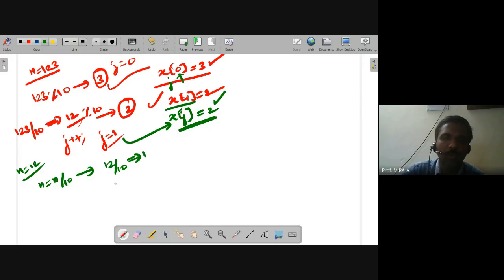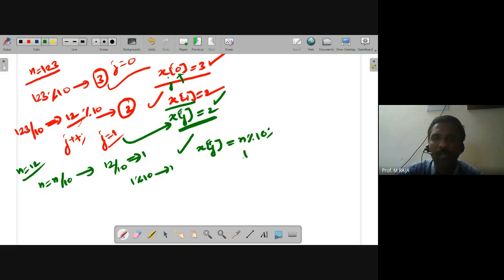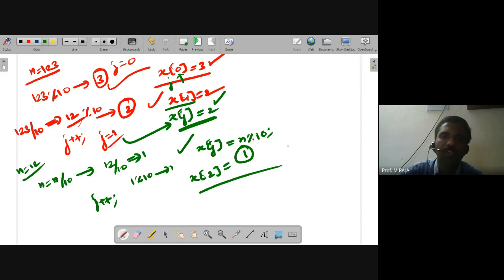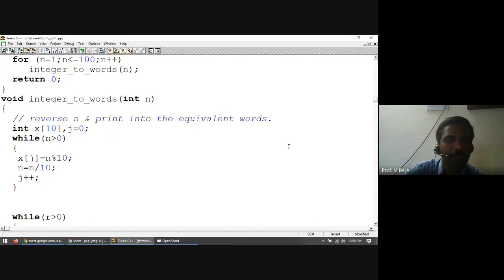Next, j plus plus, after j plus plus, n mod 10. 1 mod 10 results in 1. This is further assigned to the same statement, x[j] is equal to n mod 10, 1 mod 10, 1. The index is right, because of j plus plus, x[2] is set to value 1.